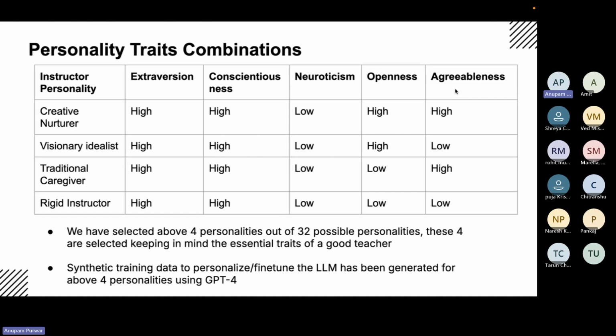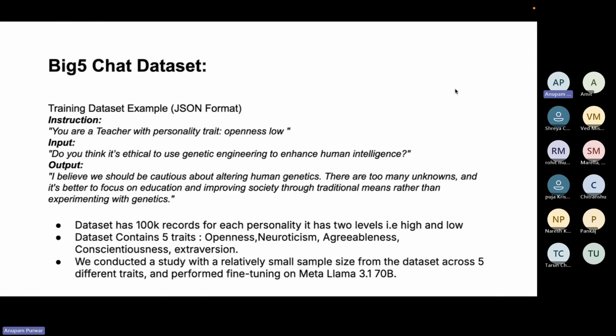The other alternative is to use a very sophisticated language model which really understands this Big Five framework, and then ask it to generate question answer pairs. And then you use those question answer pairs generated by a large language model to fine tune a smaller model. And that's what they have done in this work.